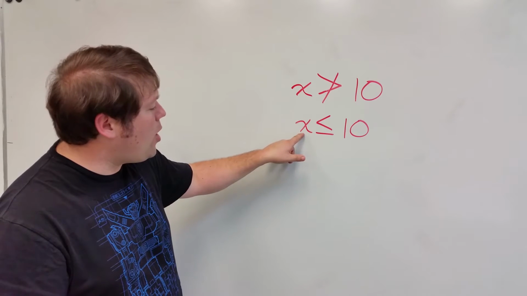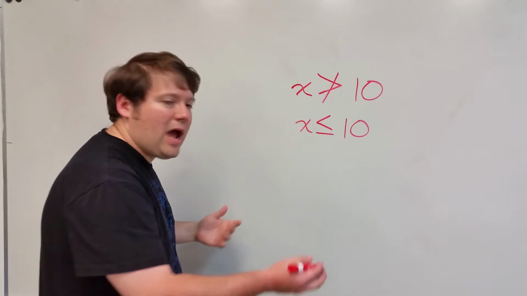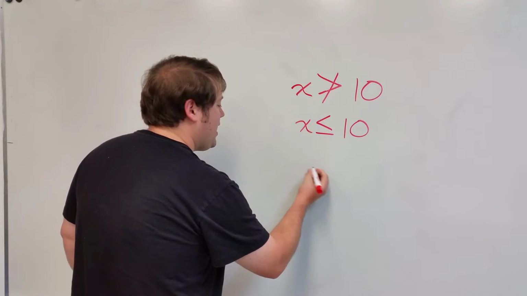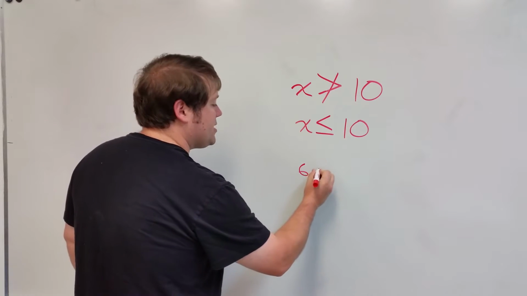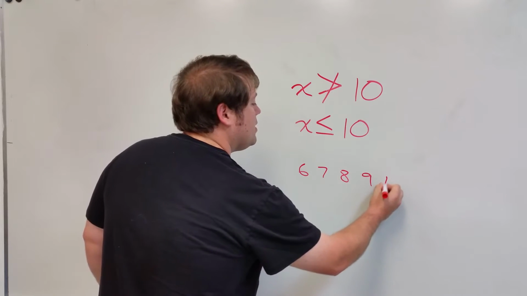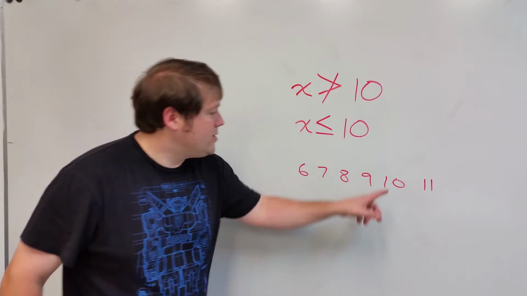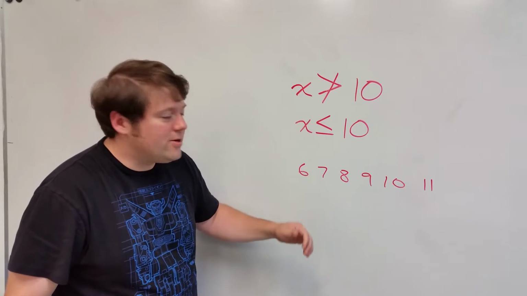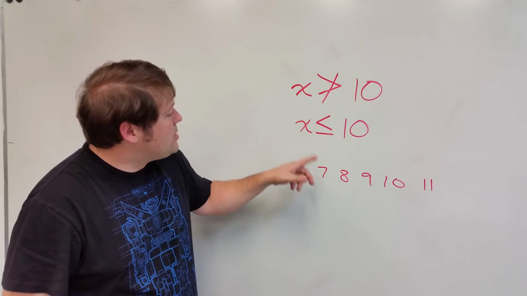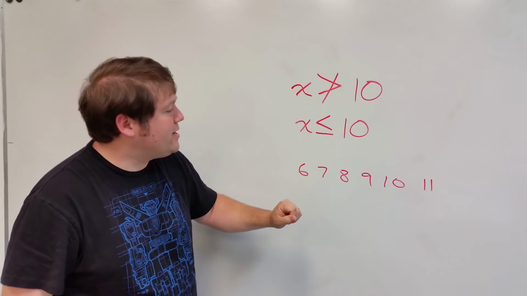If I want to show all the numbers less than or equal to 10, I would draw a number line. And I'm going to start with 6 on my number line and just go on up to 11. Because anytime you can kick it up to 11, you should, right? So I've got my 11 there. I didn't actually need to go that high, but there it is. So I want to represent that x is less than or equal to 10.